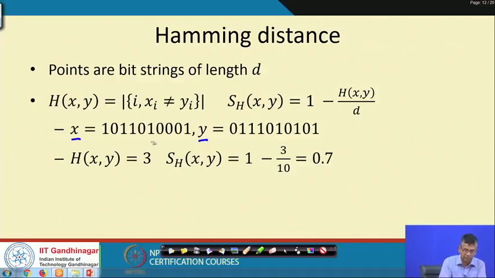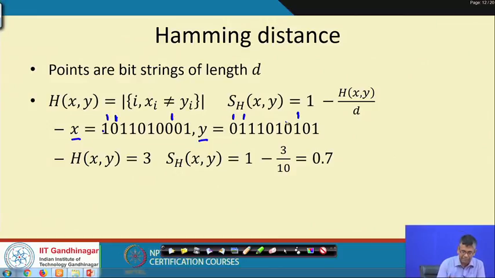For instance, I have written two strings of length 10 here, x and y, and they differ in exactly 3 positions. So, the Hamming distance between them is 3.